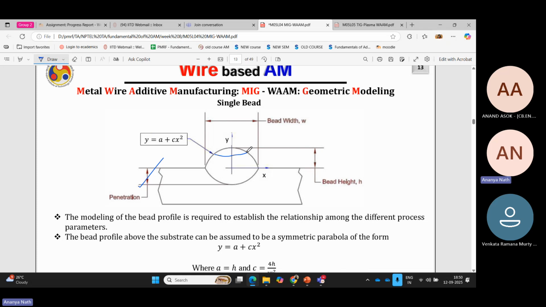Yes. Even if you are going to put your layer height from here, when your droplet material is coming, it has to be bonded with the previously deposited bead, right? So at least this much portion will be remelted because of the droplet of the wire which is coming to be deposited. Otherwise, how will the layers get bonded with each other?